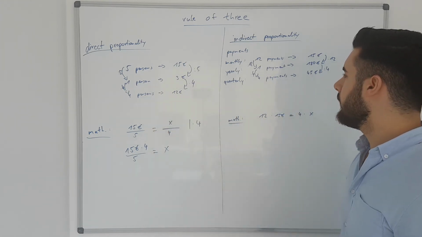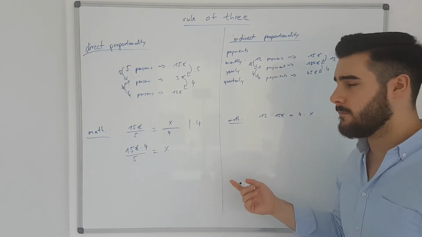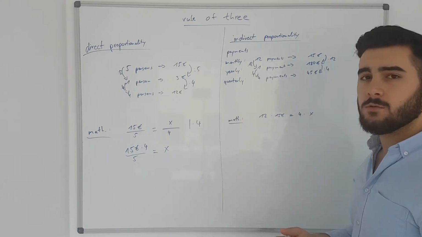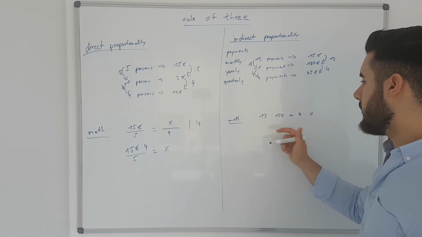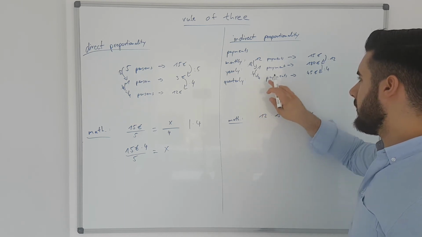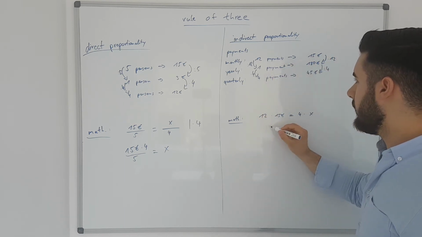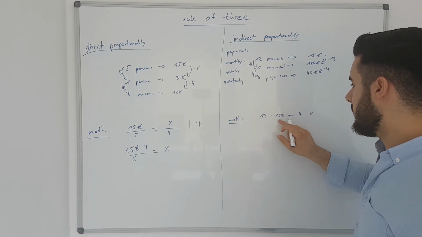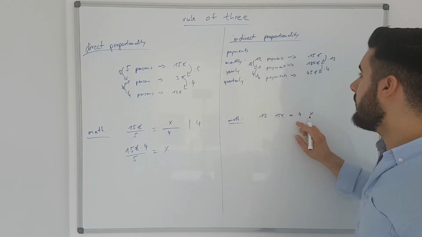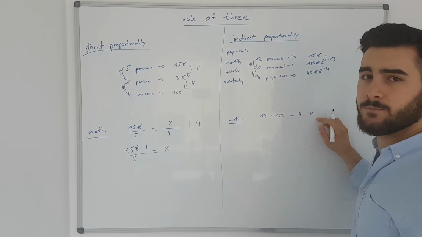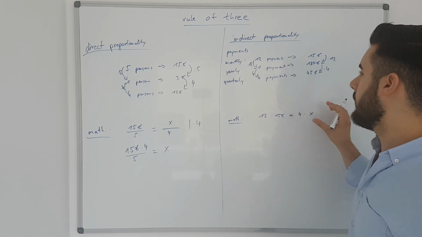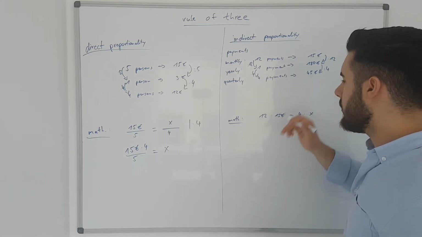Mathematically, again, nothing too wild, too special. Just a simple equation, because as I already figured out in this example, 12 times 15 euros must be the same as 4 times x, the payment you would have to do on a quarterly basis.